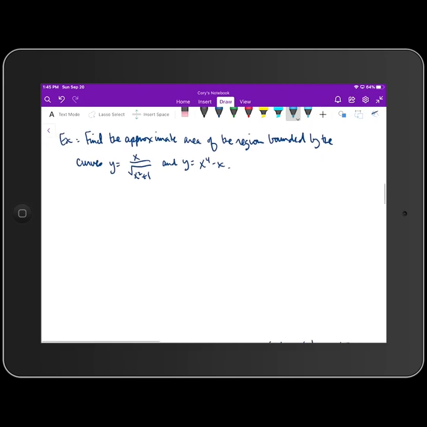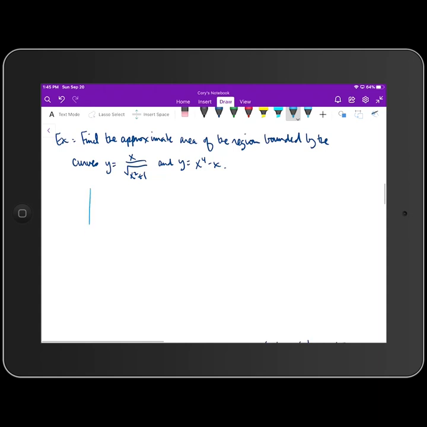Okay, so graphically you should have wound up with something that looks like this. So the graph of y is equal to x over rad x squared plus 1 looks like so. Y is equal to x to the 4th power minus x looks something like that.